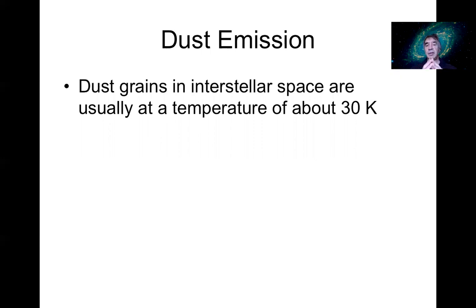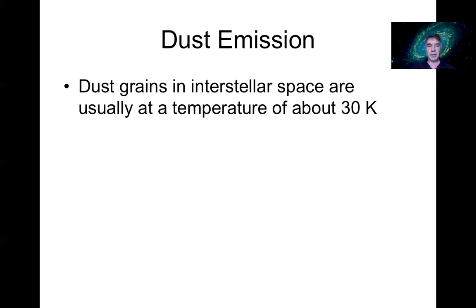Now, remember that these dust grains are basically solid particles. Okay, so here the approximation that they emit a bit like black bodies is quite a good one. That's always quite a good one for solid matter. Okay.